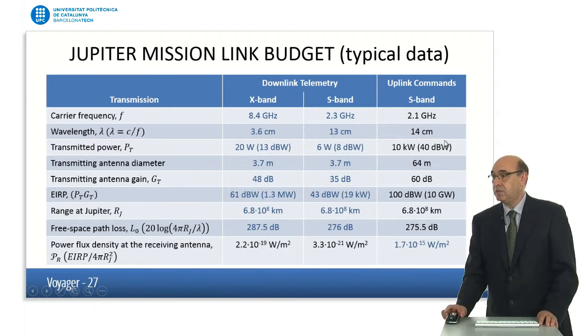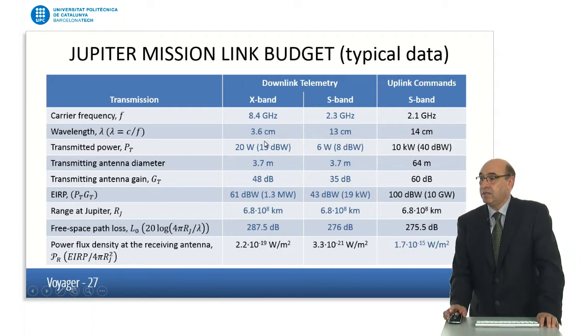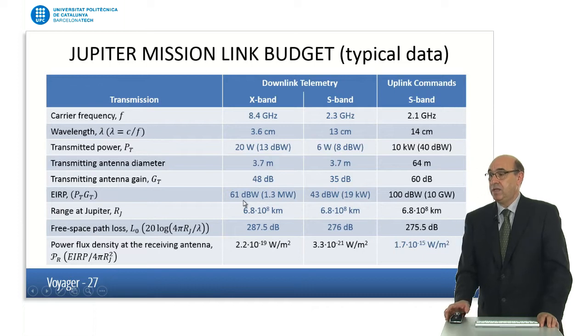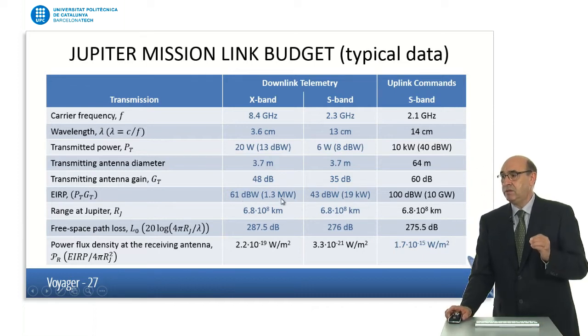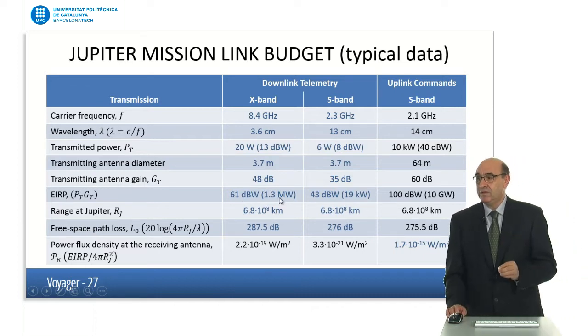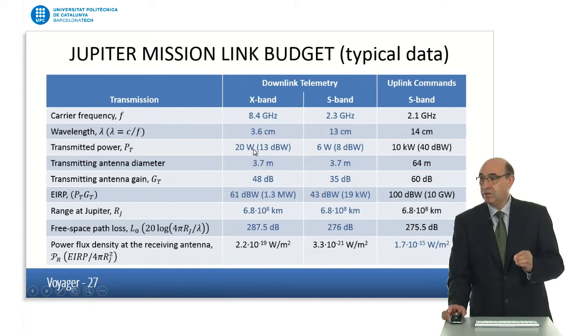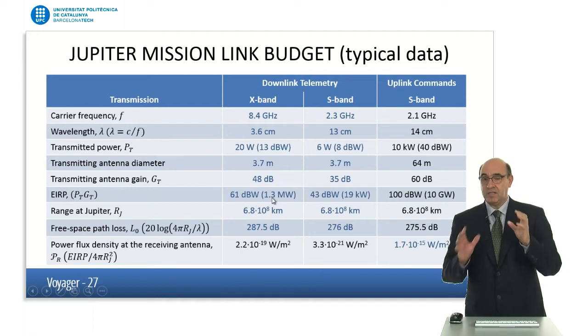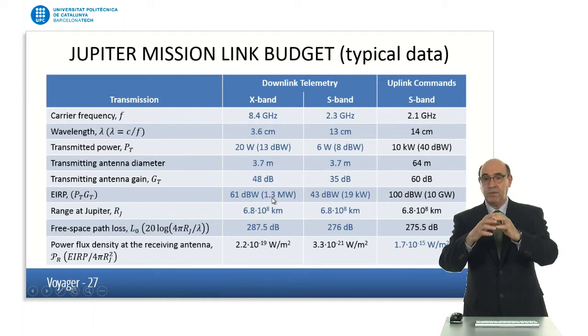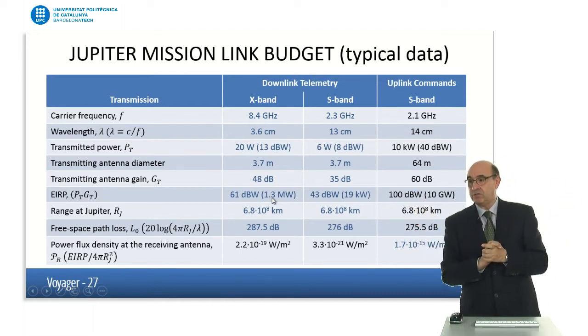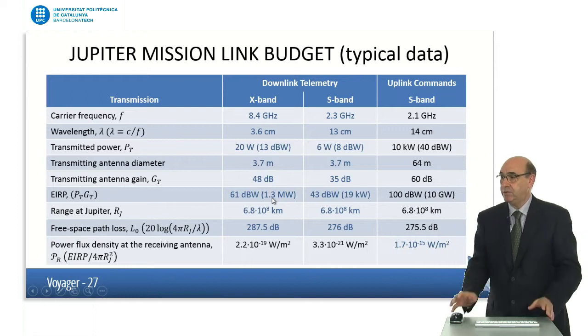And the same in the others. So you just add 13 and 48 and you get 61 dB watts, which is equivalent to 1.3 megawatts. Although we are putting 20 watts of power, this is equivalent, since it's highly focused, to 1 megawatt spread over all directions. And that's the meaning of this parameter.